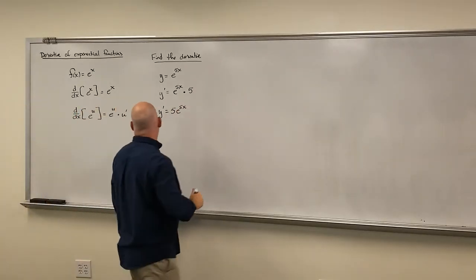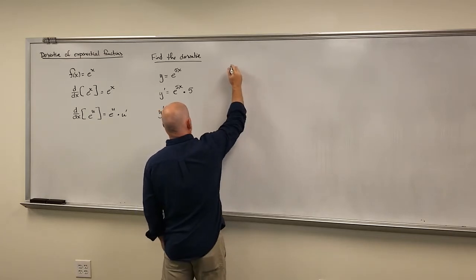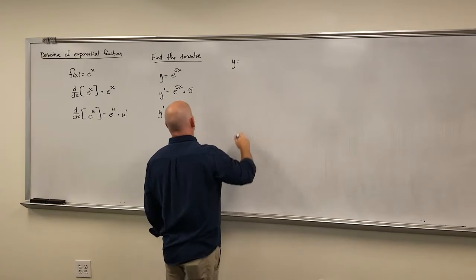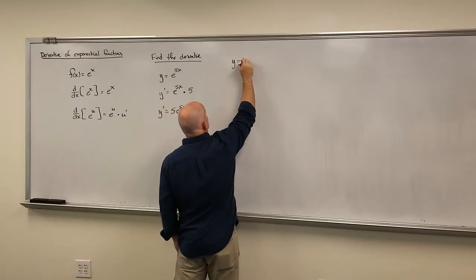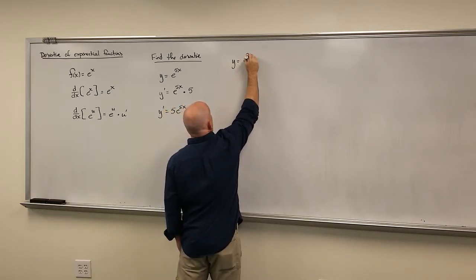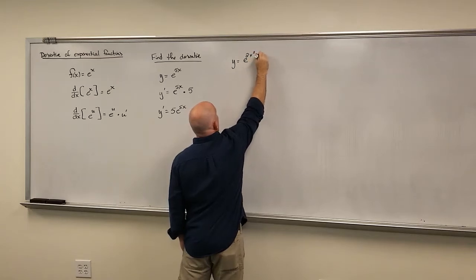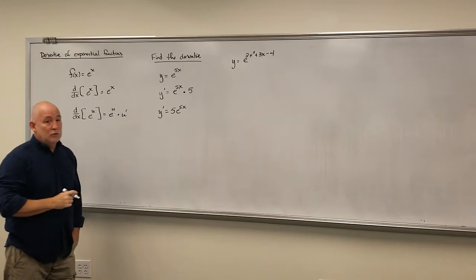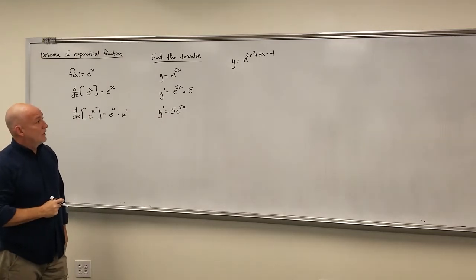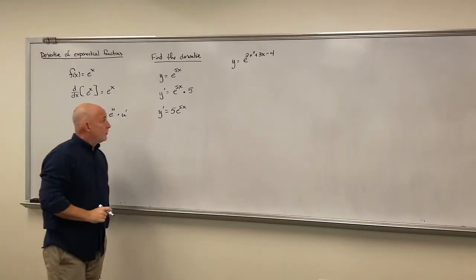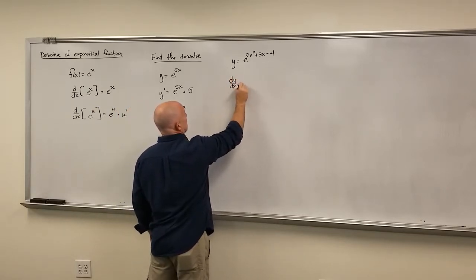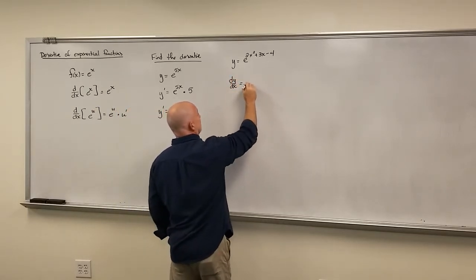Or let's say we have something like this. Let's say y is equal to e to the 2x squared plus 3x minus 4. Now, if we're told to find the derivative, so y prime, or dy dx, you get the exact same exponential back.